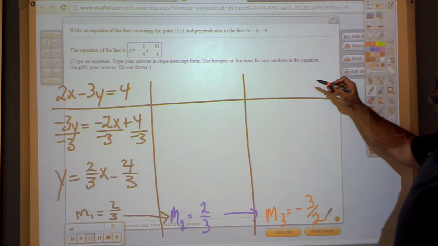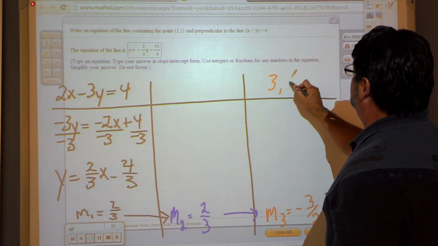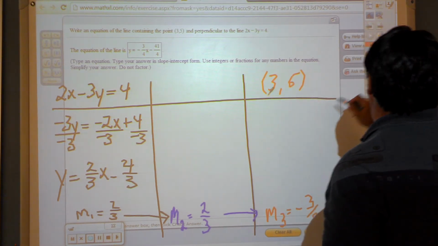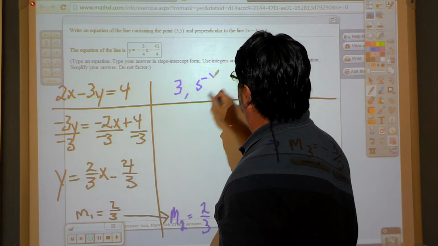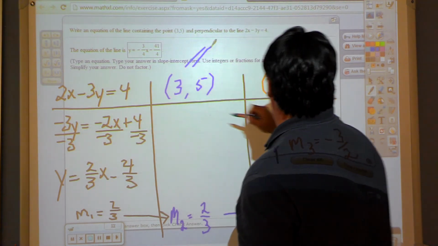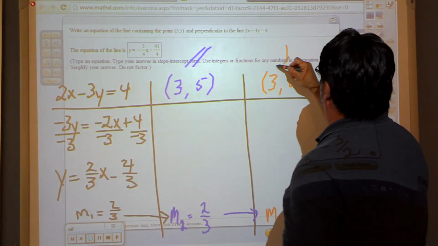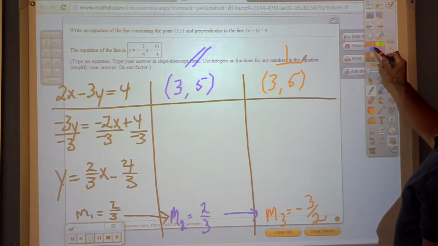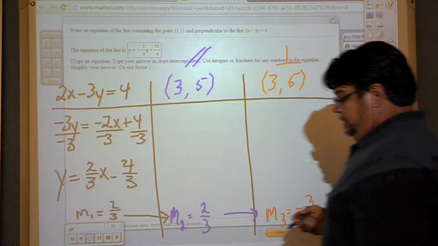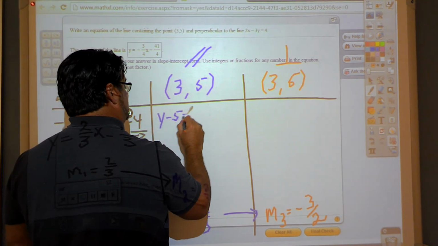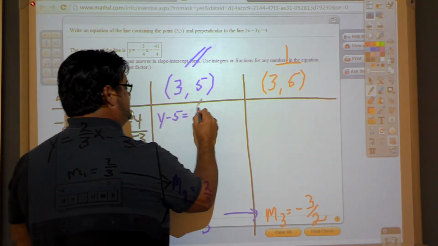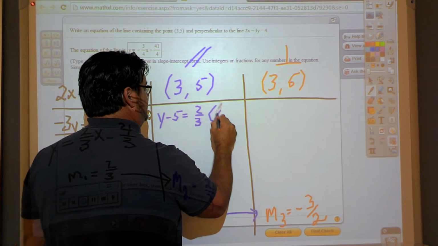So what's our point, 3 and 5? 3 and 5. That's parallel. And this is perpendicular. So y minus 5 is equal to 2/3 times x minus 3.